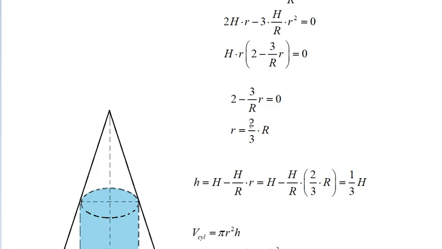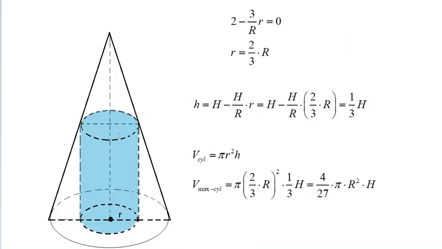But small r is 2/3 times big R, and then simplifying here, we get 1/3 times big H. So to get the cylinder with the largest volume, we need to let the radius of the cylinder be 2/3 times the radius of the cone, and the height of the cylinder be 1/3 the height of the cone.